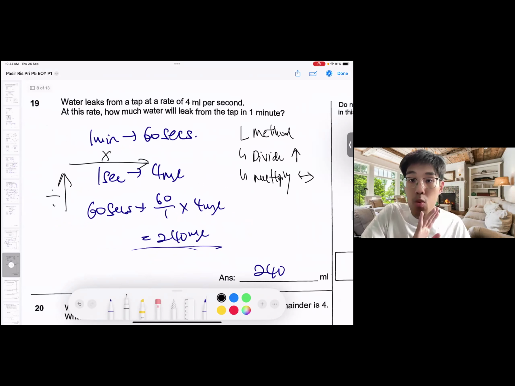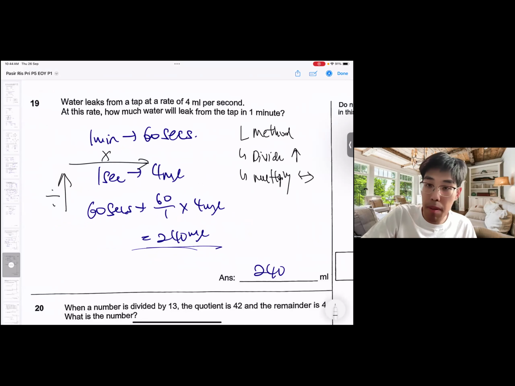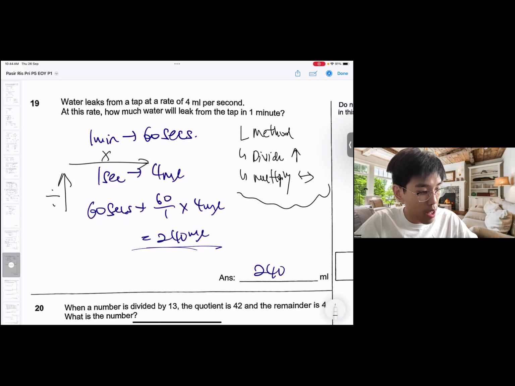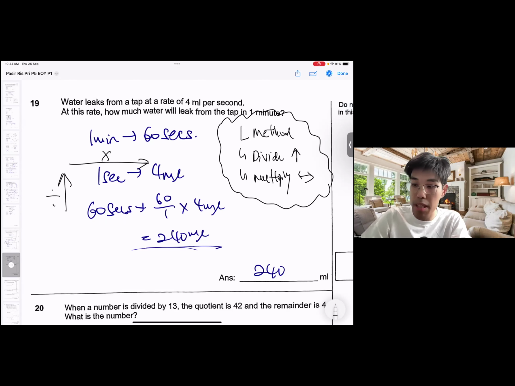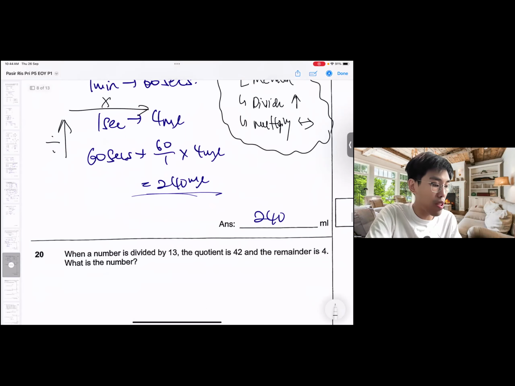It always works. I believe along this paper you'll see more and more questions where I'll keep talking about this L method. Once you pick up this L method, trust me, a lot of calculations will be much smoother and much faster, and you have a very clear idea what you need to do in terms of calculations. Okay, can. So 60 times 4, 240.